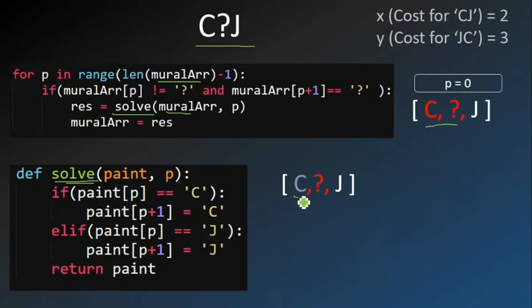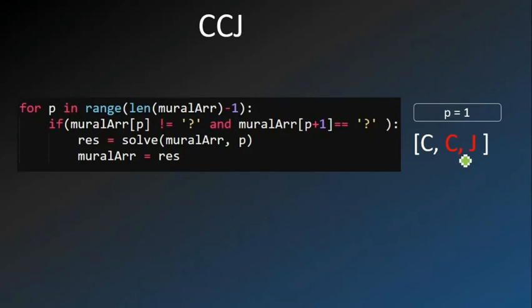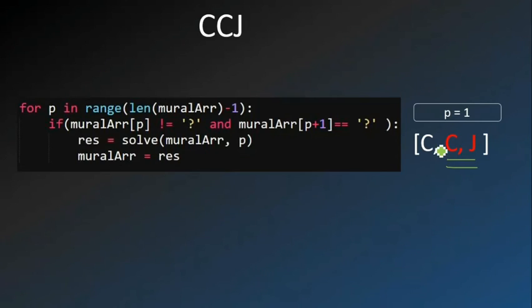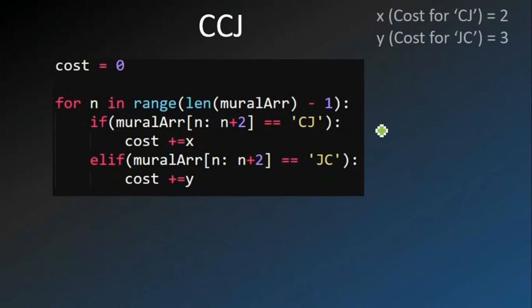So here C is on the left side of the question mark, so it's going to be CCJ. The next is P equals 1, which has CJ. Both of them are not having a question mark, so we are going to stop the iteration because we designed the string. Now we are going to calculate the cost of CCJ.